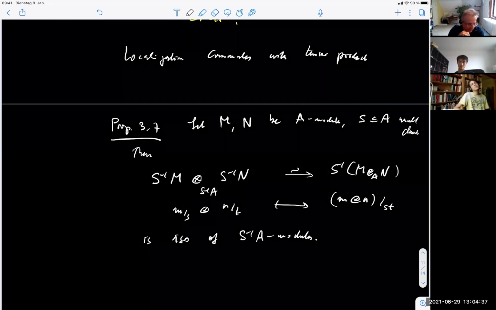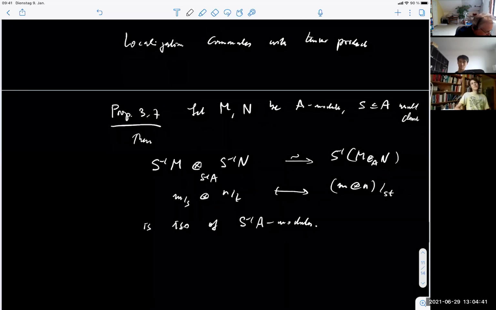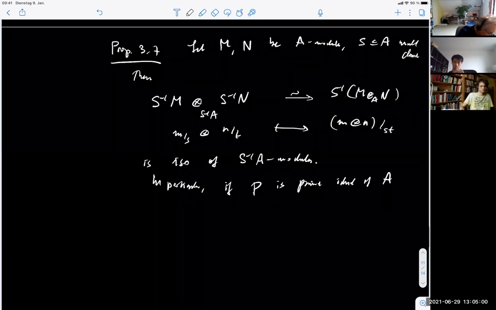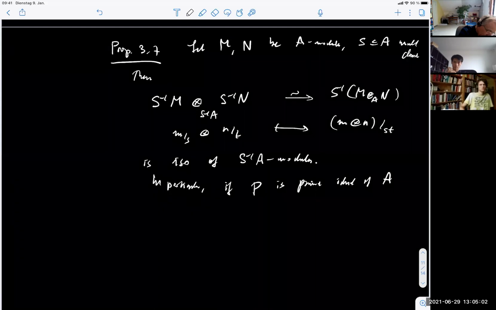Okay. So let's write a special case of this, which is very important. In particular, if we localize with respect to a prime ideal, if P is a prime ideal of A, you have seen this, then if I localize with respect to a prime ideal, the localization is denoted NP.